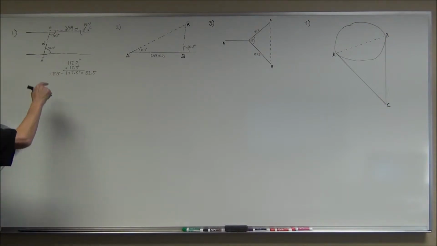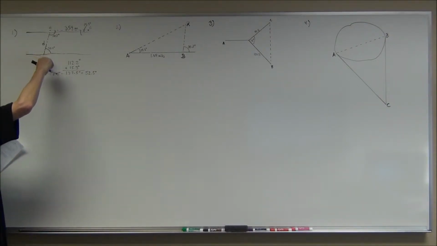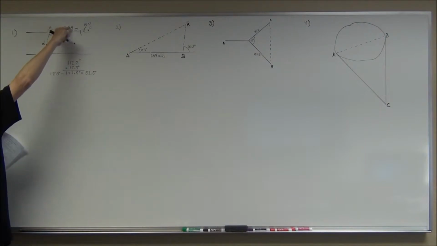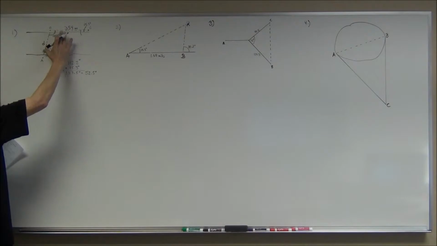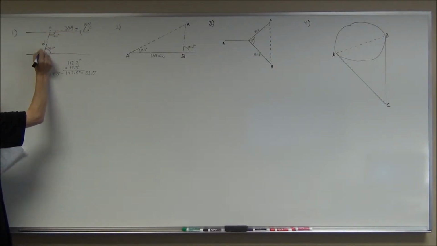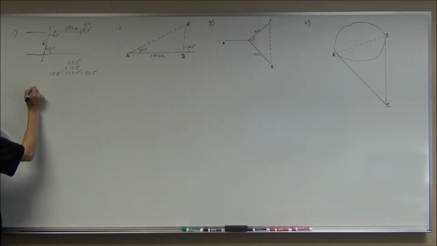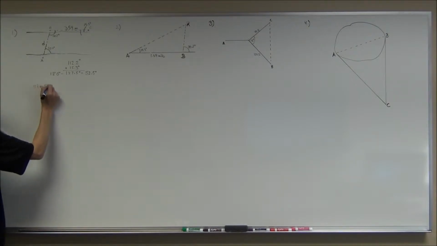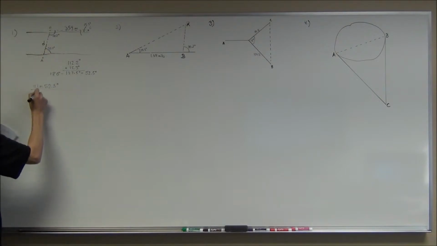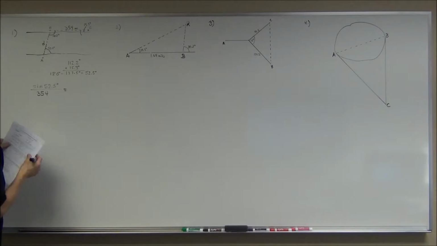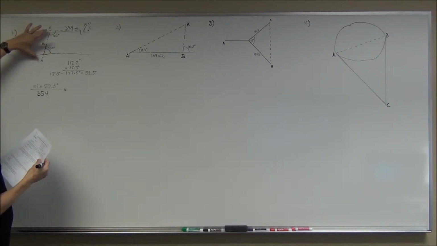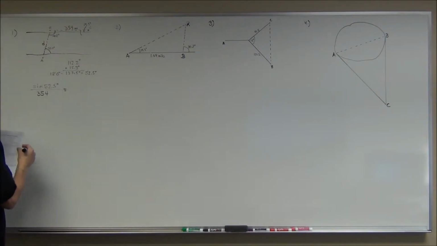Now the reason that I went ahead and figured out this angle, angle A, is because the side opposite it was the only one whose measure was given, and I need a complete set of the angle and the side for a ratio. So I'm going to say the sine of 52.5 degrees divided by 354 is equal to, now I'm trying to find this measurement D, which is between A and B. So the angle opposite is angle C here, 15.3.